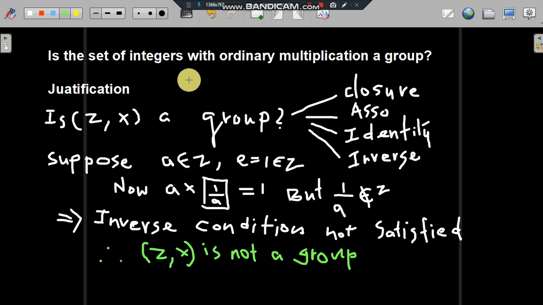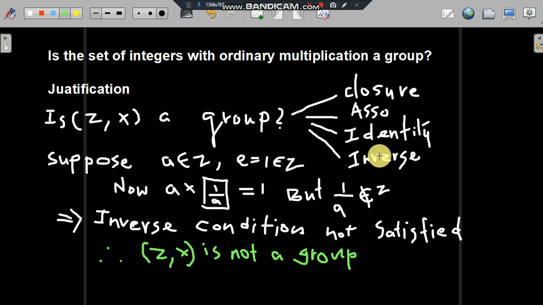So I repeat again: is the set of integers with multiplication a group or not? That's what we checked. To say this algebraic structure is a group, it has to satisfy 4 conditions: closure, associative, identity, and inverse. These 3 conditions are satisfied by this operation on this set of integers.